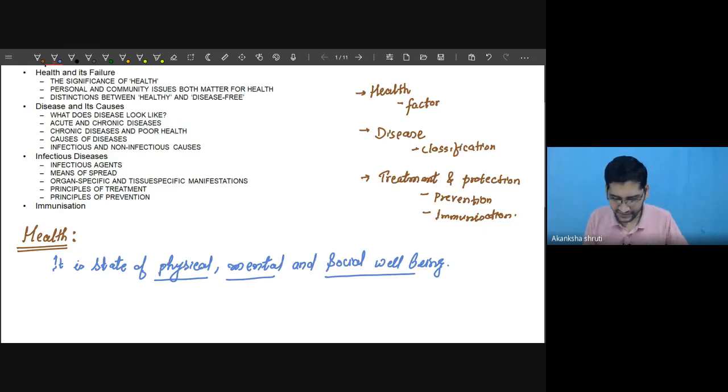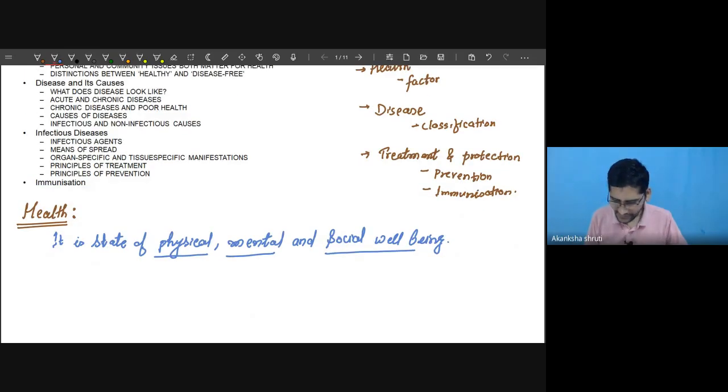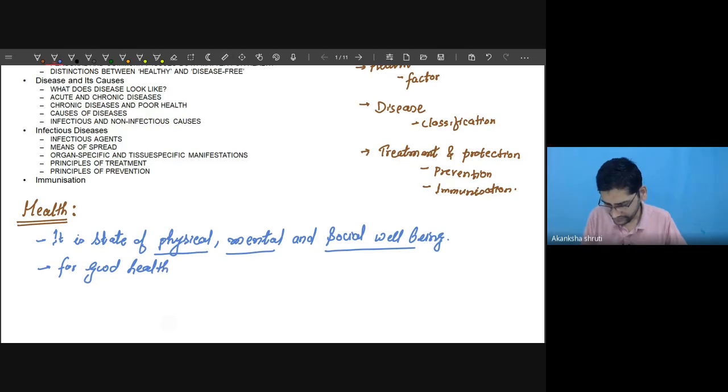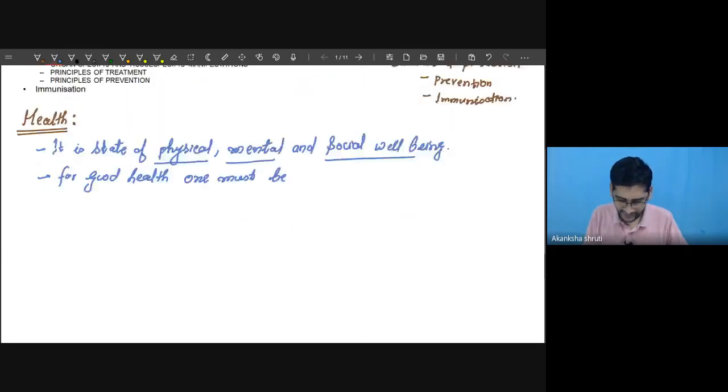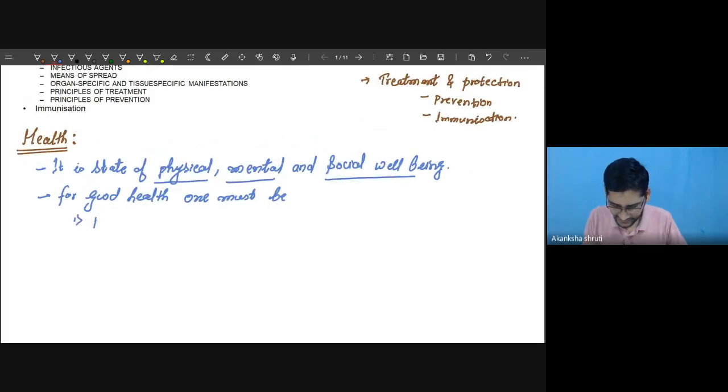It means a person is said to have good health or possessing good health if the person is physically fit. For good health, one must be, the very first one is, physically fit.